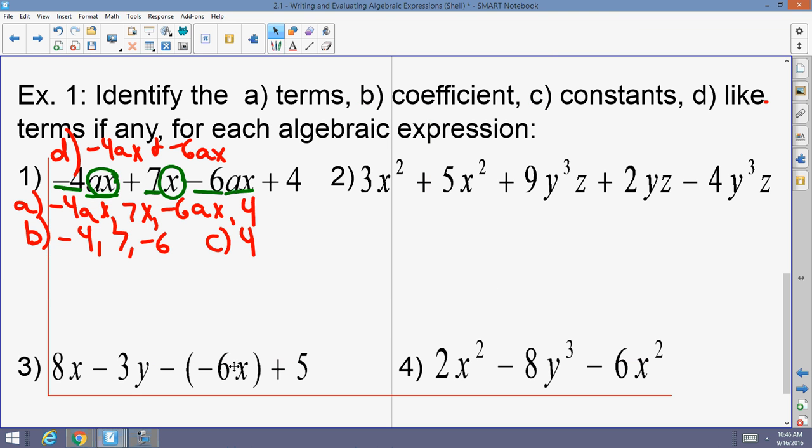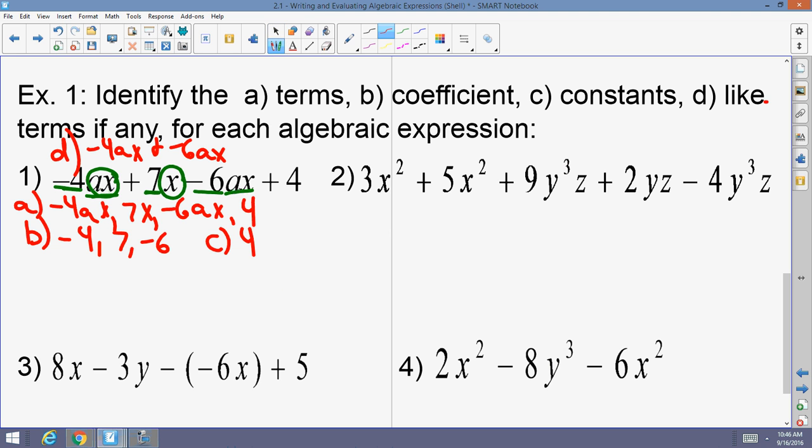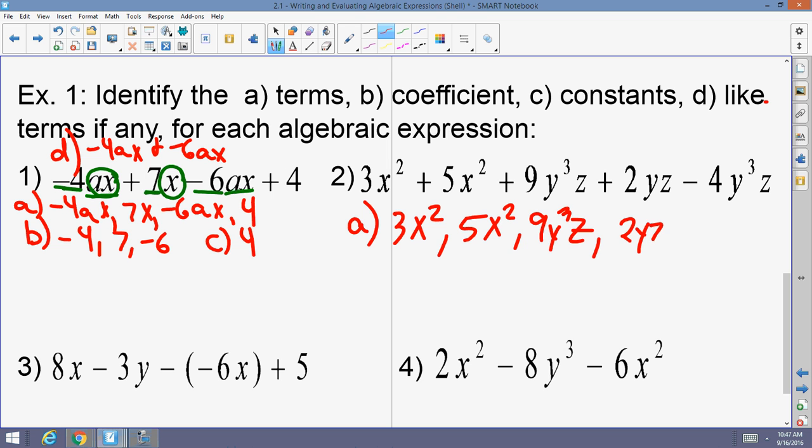Okay. All right, so for number 2, gentlemen, what is my A? What are the terms here? 3x squared, 5x squared, 9y cubed z, 2yz, negative 4y cubed z. Beautiful. What are my coefficients, gentlemen? 3, 5, 9, 2, not 4, negative 4.